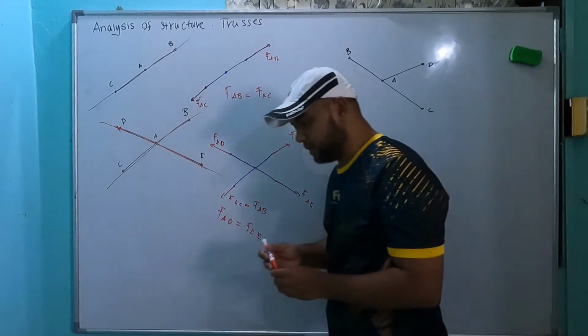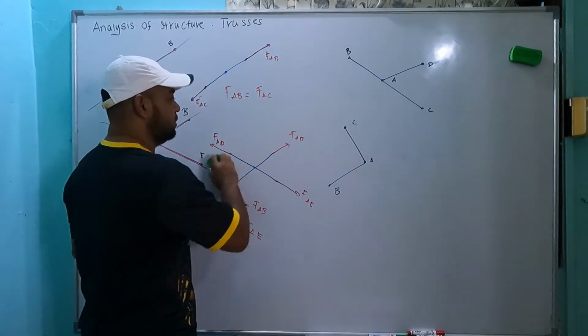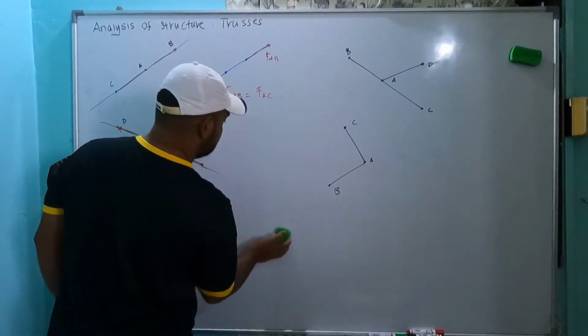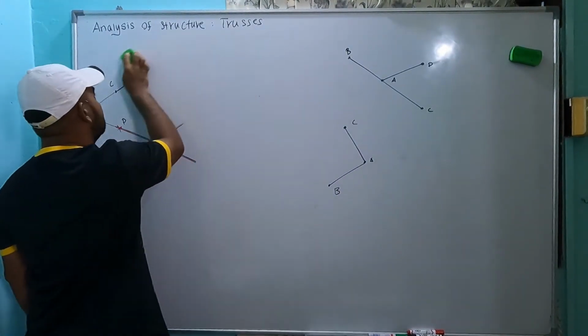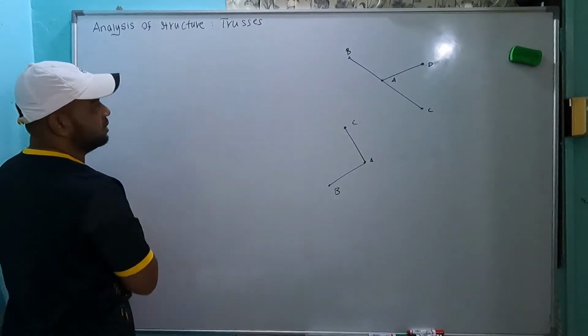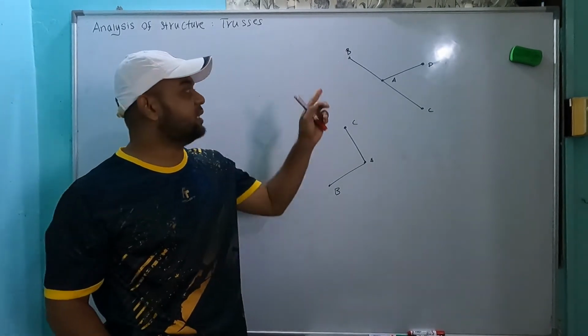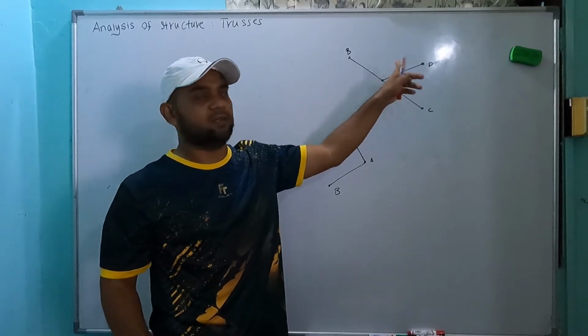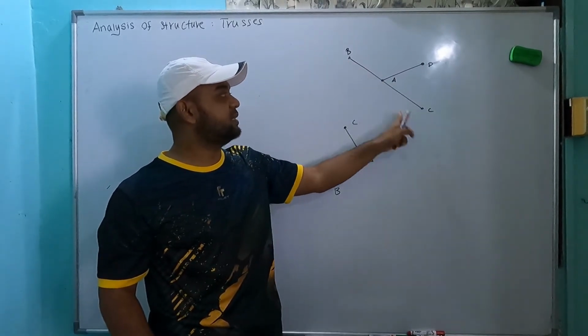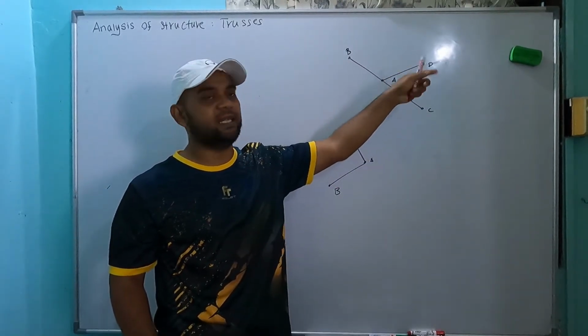Okay, so I'm going to erase this one. Okay, now we have three components: AB, BC, and AD.